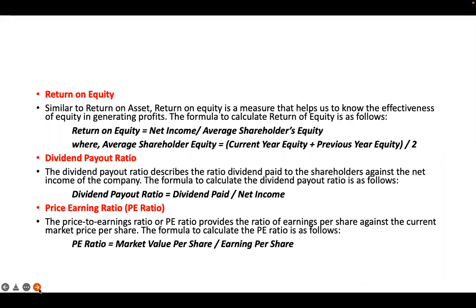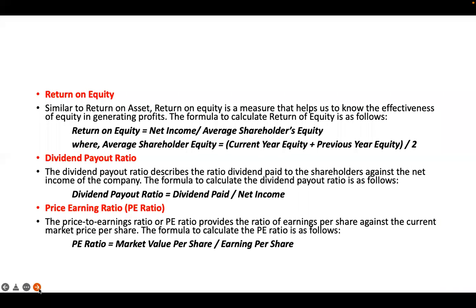This year's equity plus last year's equity, we have to divide by 2, then we get average shareholders' equity. We keep it as the denominator and put net income as the numerator, so that we can calculate the return on equity, which shows how much profit our equity can generate.